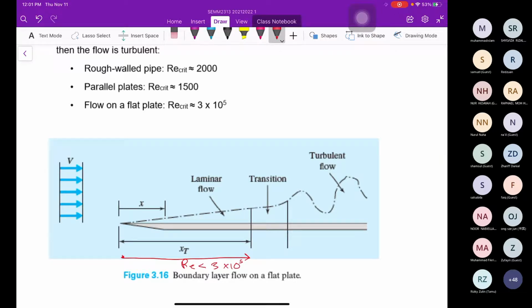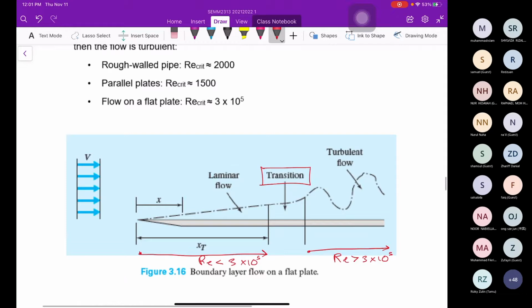Within laminar to turbulent, we have transition. After the transition, we have a Reynolds number more than 3 multiplied by 10 to the power of 5.